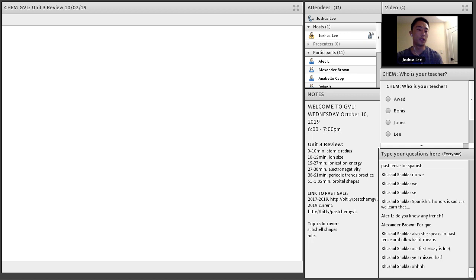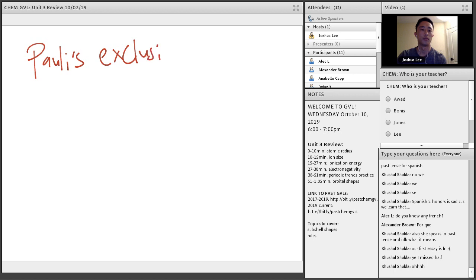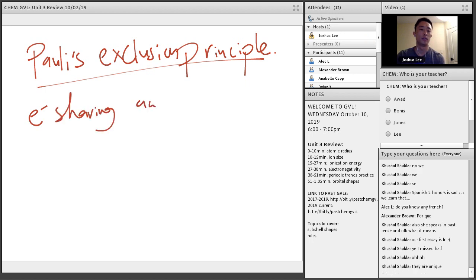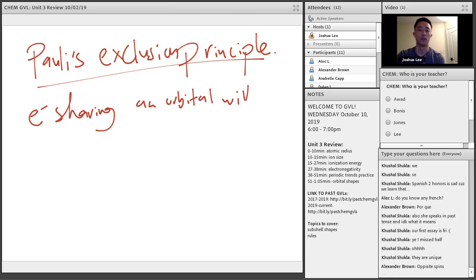Then the third one is Pauli's exclusion principle. That's the one that says electrons sharing an orbital will have opposite spin.